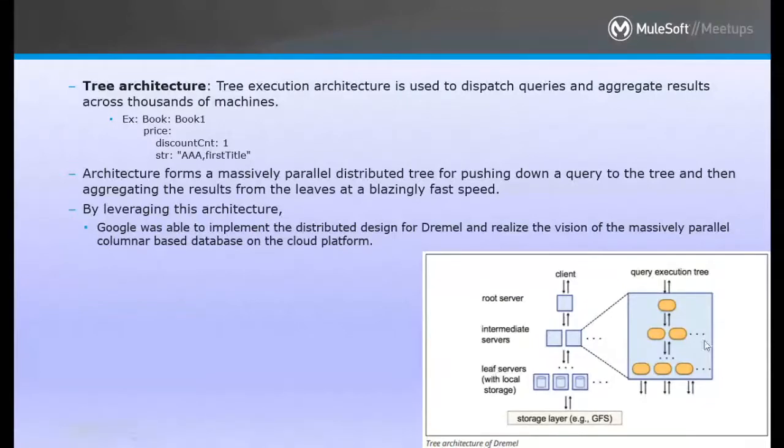If you see this diagram, when the request comes to the root server, the root server will split the request and push it to intermediate or leaf servers to process the query in parallel. By doing this, the response time of the query will be less, and ideally the performance will be more. So this is the major advantage of this tree architecture.